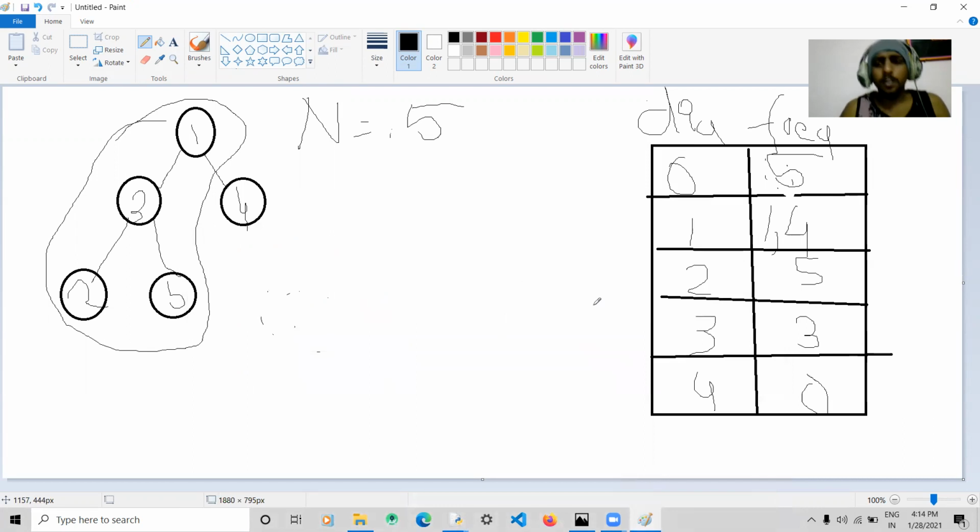Now, not every subset is a good subset. Let me show why. Suppose your subset comes 1, 4 and 2.